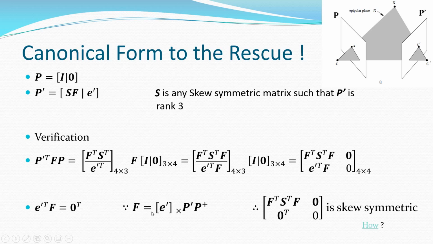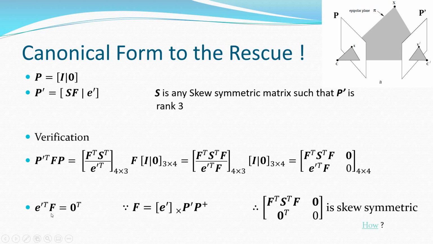When you take a dot product of the epipole with the fundamental matrix, there will be a triple product that comes up, because this is nothing but a cross product notation.